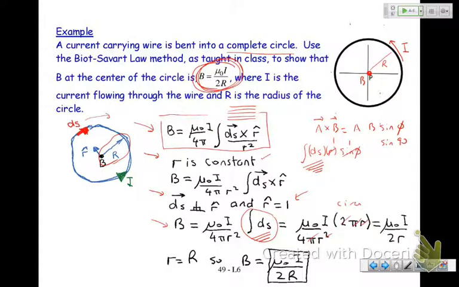From a teaching point of view, I can do this. I can change the amount of a circle that I give you. I can change whether I give you R and have you figure out L. That integral ds is the length of the wire.